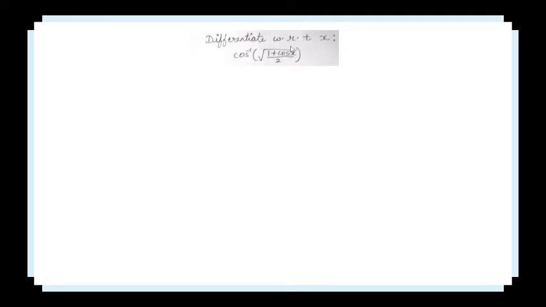Differentiate with respect to x cos inverse of root of 1 plus cos x upon 2. So how we will be doing this question? First of all, we'll see the sum properly. Cos inverse of root of 1 plus cos x upon 2. So can we apply any formula over here? Yes, we can apply.